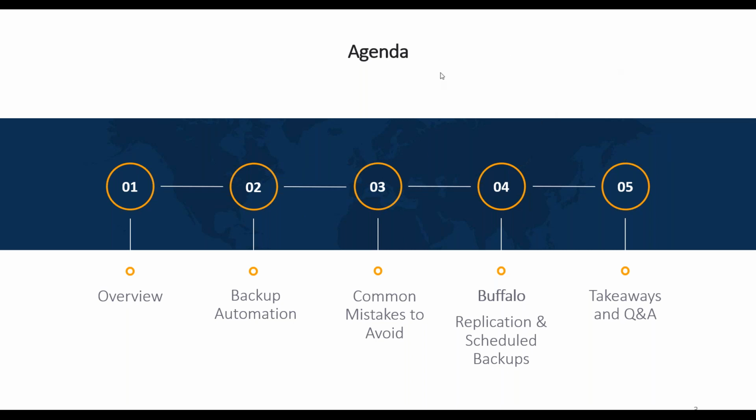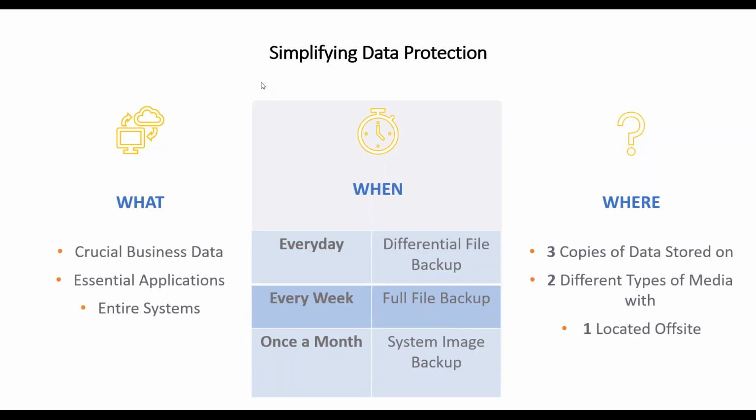All right, so we'll start with simplifying data protection. It comes down to what, when, and where you want to back up to. So what? You have to first identify the crucial business data. Is it a doctor's office that has a bunch of medical data that they have to take care of?